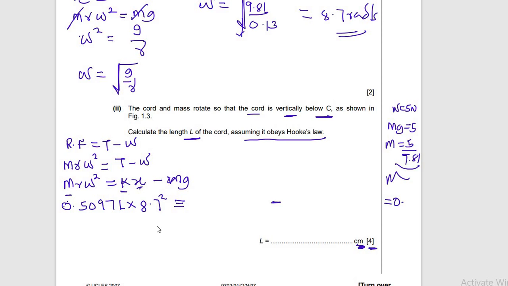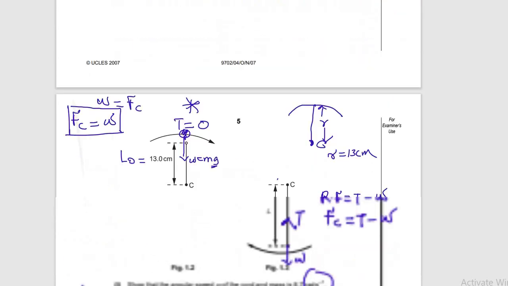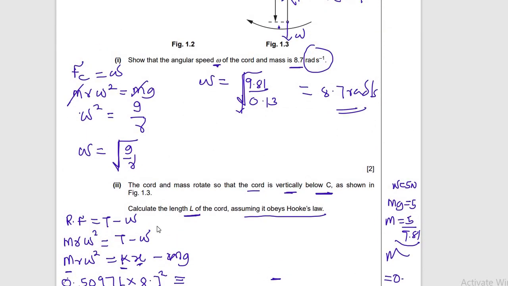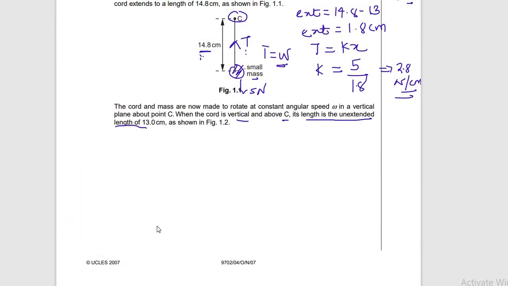K is from Hooke's law. Let's convert everything properly. Our k is 5.5 divided by 1.8. This is in centimeter, so let me take it to meter.